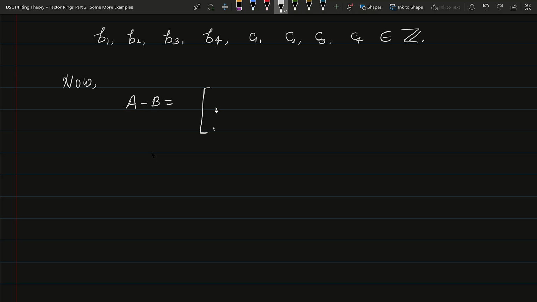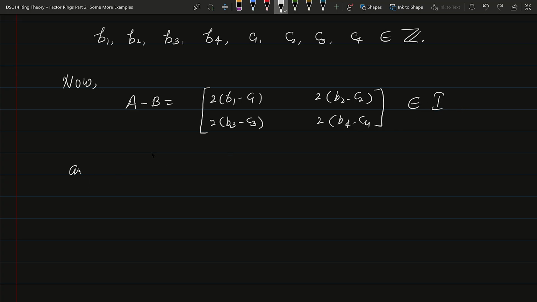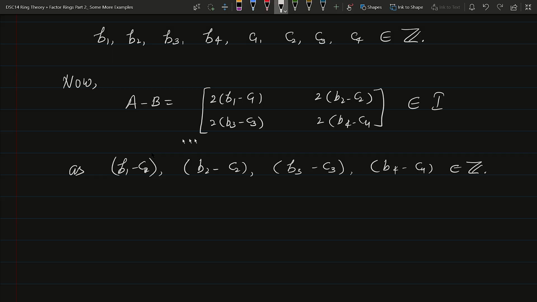We can simply say it is the matrix 2(b1 minus c1), 2(b2 minus c2), 2(b3 minus c3), 2(b4 minus c4). Obviously, since b1 to b4 and c1 to c4 are all integers, their differences are also integers, and when we multiply by 2 all the entries become even. So we are sure that this is an element of I, as b1 minus c1, b2 minus c2, b3 minus c3 and b4 minus c4 are all elements of Z.